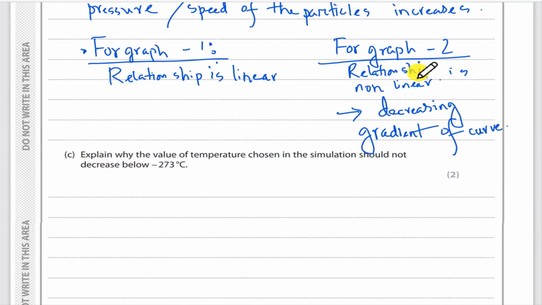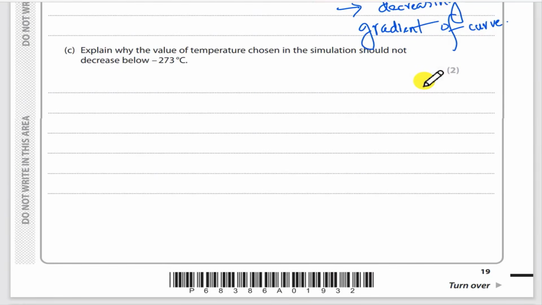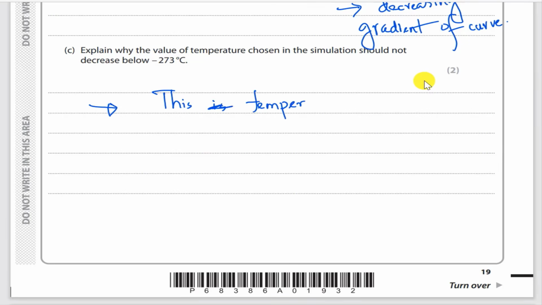Explain why the value of the temperature chosen in the situation should not decrease below minus 273 degrees Celsius. Because this temperature, minus 273 degrees Celsius, is absolute zero temperature.